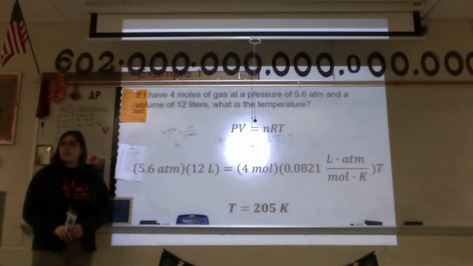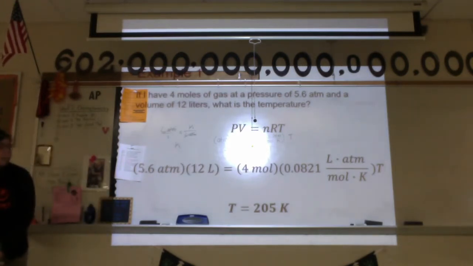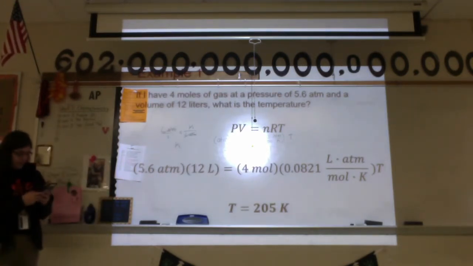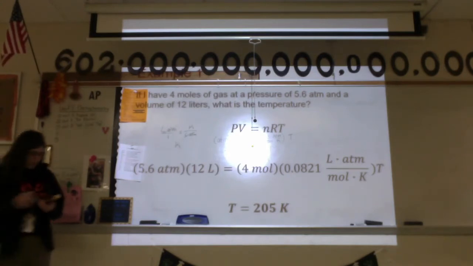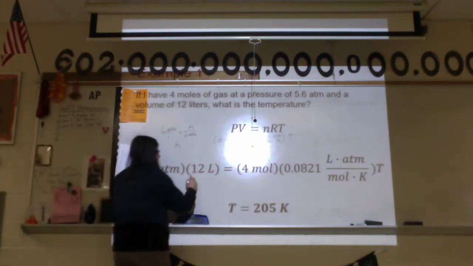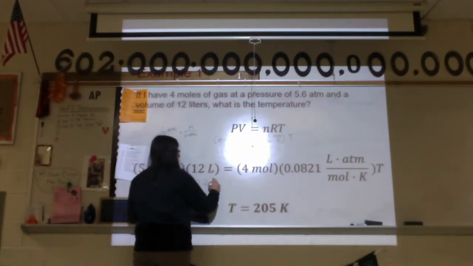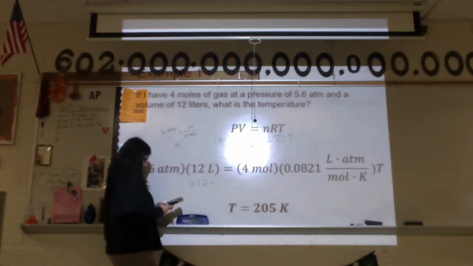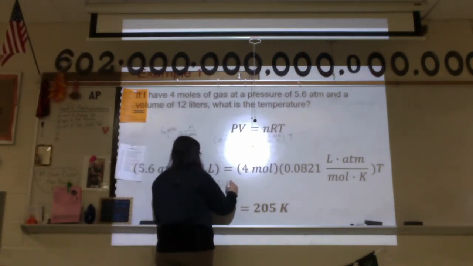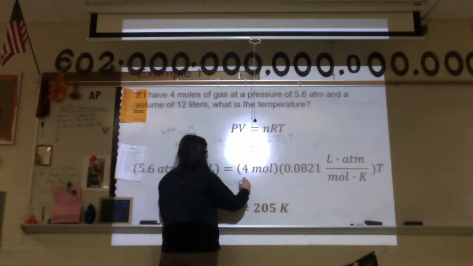Wait, so we couldn't just leave it divided by liters atmosphere over Kelvin and then just mark it out? How'd you get 205? Okay, so how I got 205, when I plug this into my calculator, 5.6 times 12 gives me 67.2, equal to 4 times 0.0821, which gives me 0.3284 times the temperature.